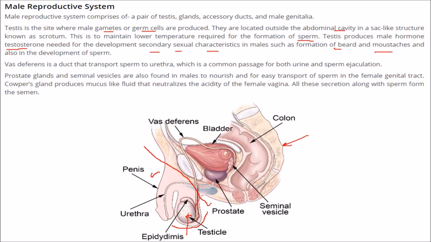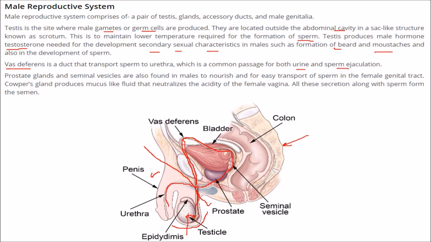The vas deferens is a duct that transports the sperm to the urethra, means from here going right from this path coming to this path. The urethra is the common passage for both urine and sperm ejaculation.